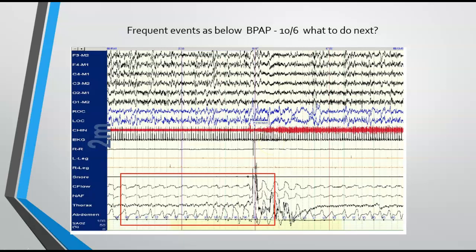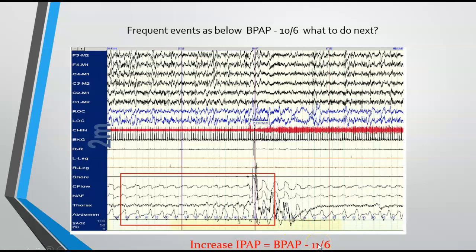What will you do next, if you have already waited for more than 5 or 10 minutes? Do you have to increase IPAP and EPAP, or IPAP alone, or EPAP alone? Yes, you will be increasing only IPAP because it is hypopnea. So now you were on 10/6, you will be increasing to 11/6.